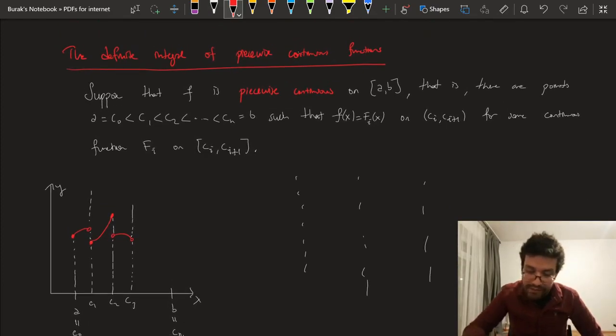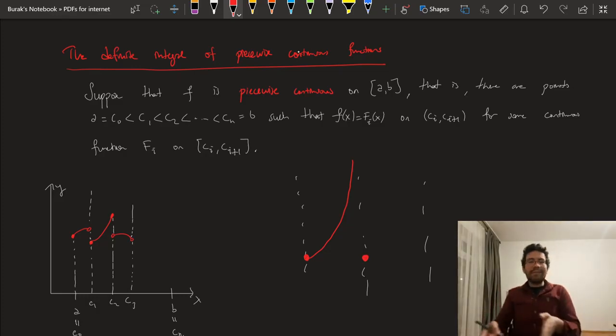Such a function would not be piecewise continuous. It goes to infinity like this, and maybe its value over here is here. So this is not piecewise continuous, because you can't find some function f_i which agrees with this function on this closed interval.